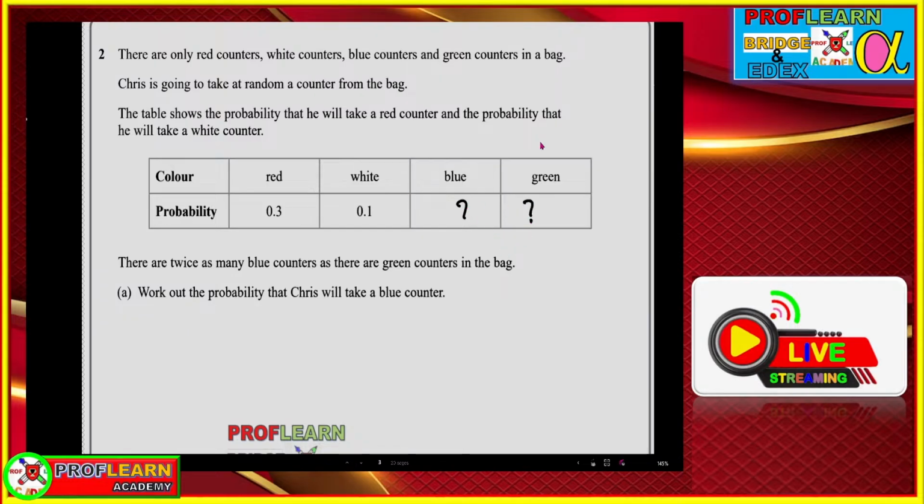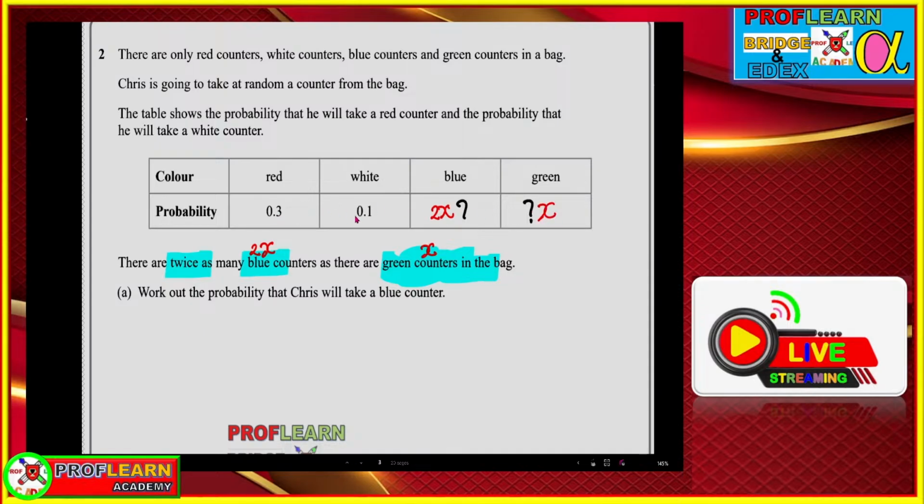But for you to work out this, you need to remember that more information will be given. So you are told there are twice as many blue counters as green counters. So if you let green counters be x, then blue counters will be 2x. Meaning that blue will be 2x here, and this is x.